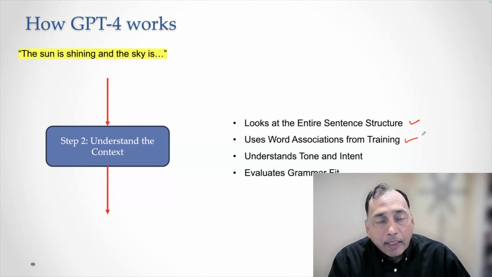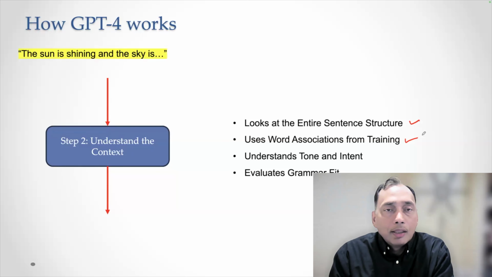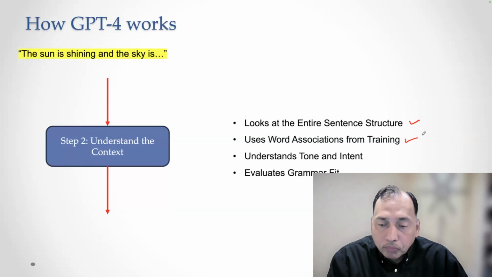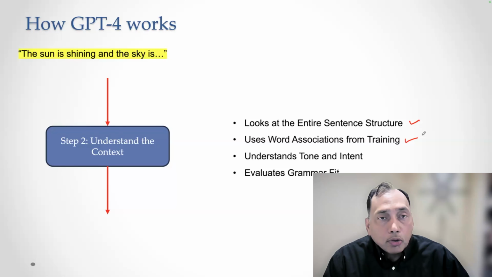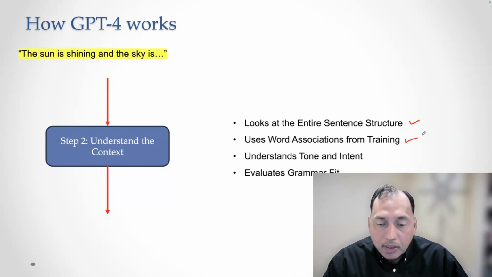So when you have "the sky is", it is usually followed by blue. And it also knows that words like shining often occur with blue sky, or sometimes clear sky or sunny sky.